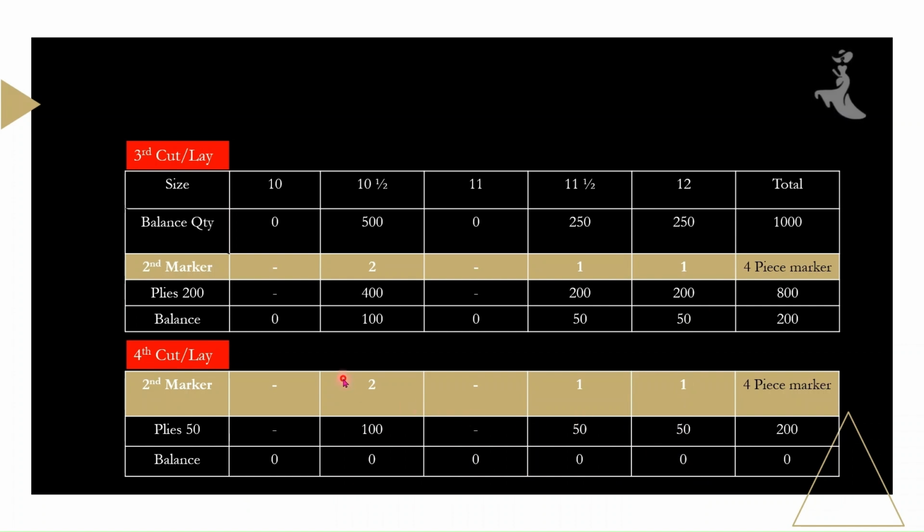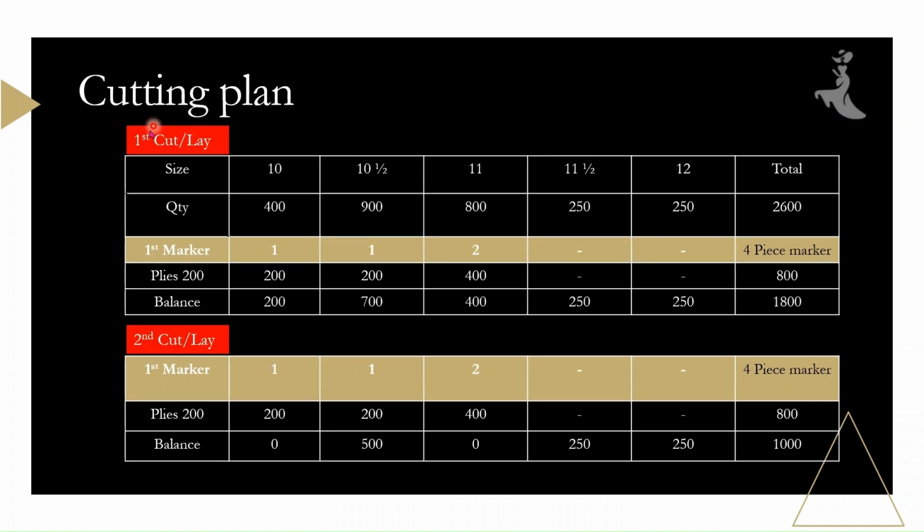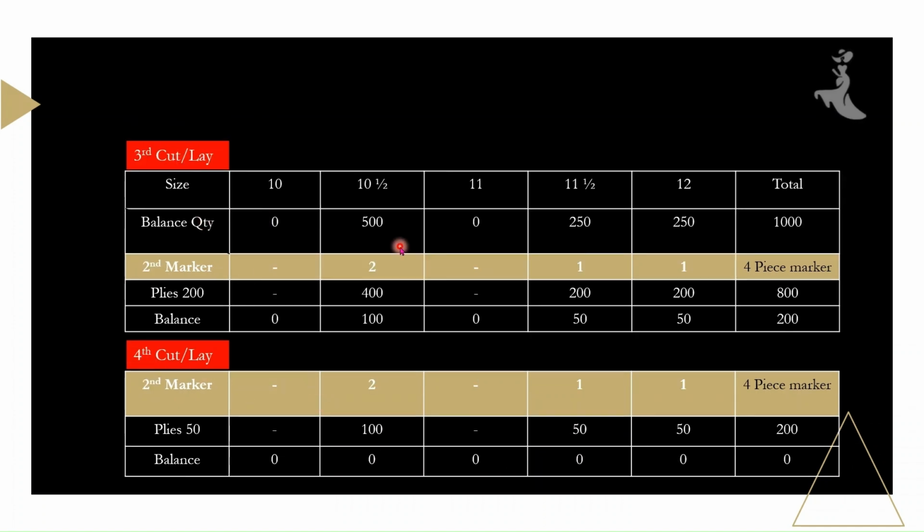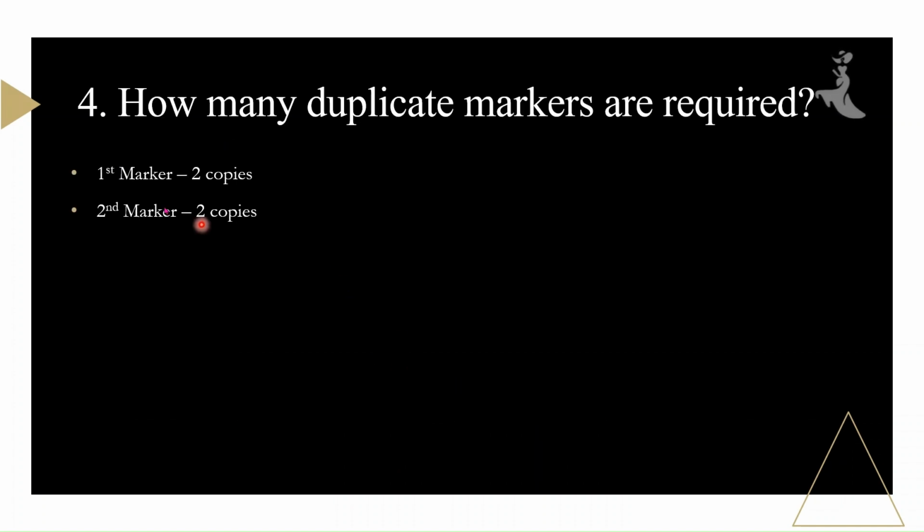Now, how many times do you use the first marker? Here you use it one time for the first cut, and the second cut also uses the first marker. The third cut uses the second marker and the fourth cut uses the second marker. So how many copies do you need?